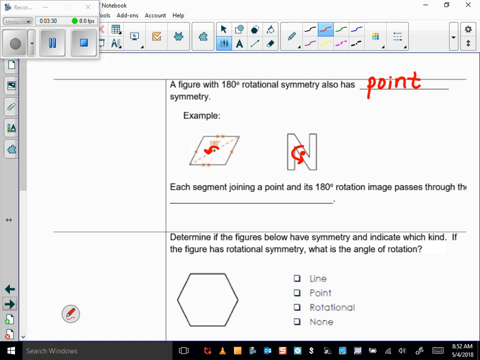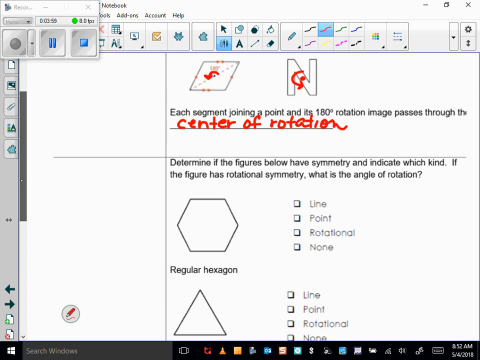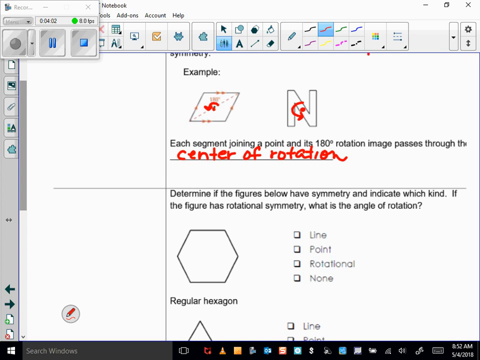So to have point symmetry, a figure has to have rotational symmetry, and it has to be 180 degrees rotational symmetry. Each segment joining a point and its 180 degrees rotation image passes through the center of rotation. So the center of rotation here is the center of the figure.